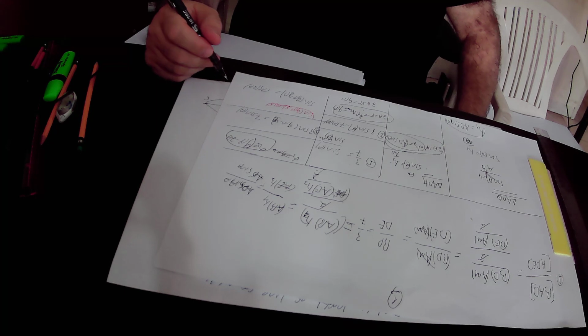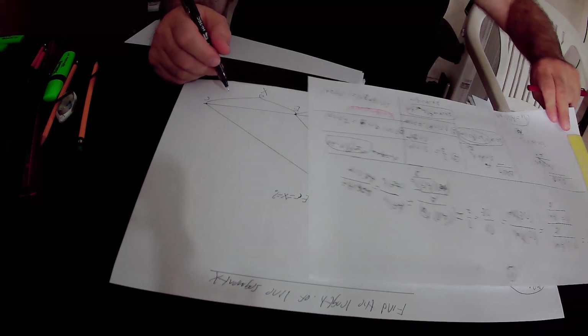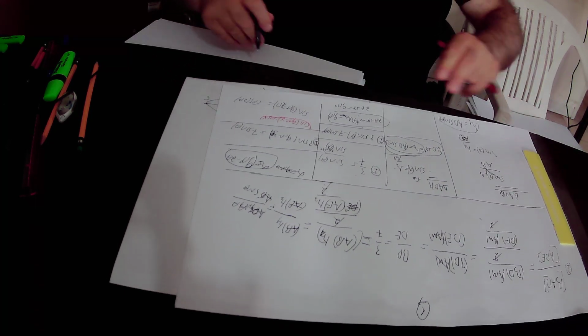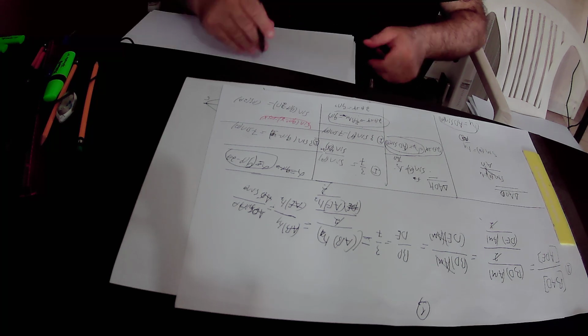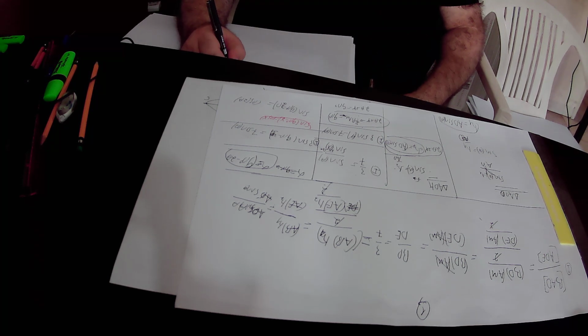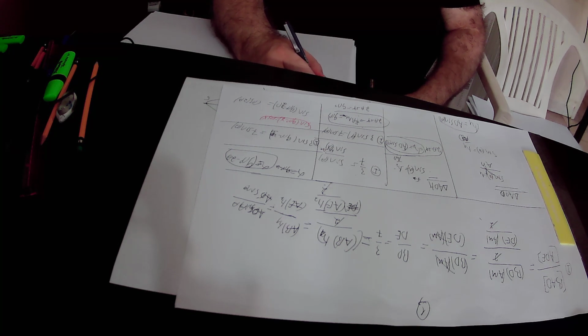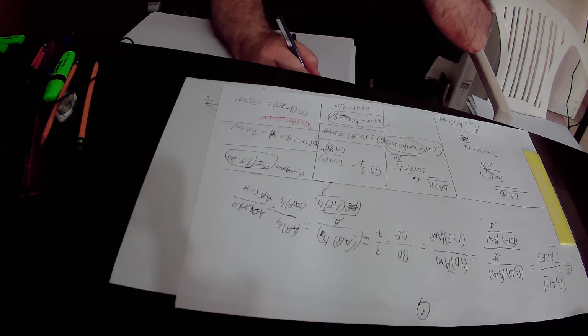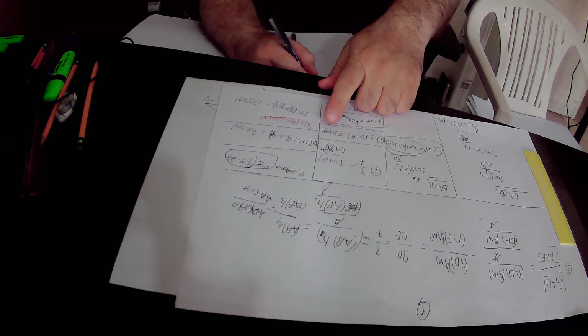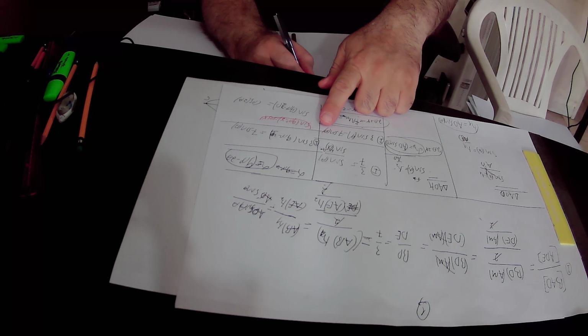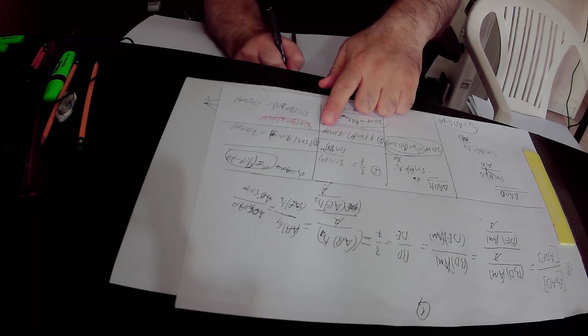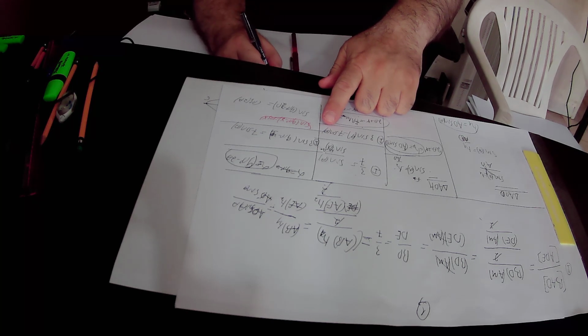We will get 3 times cosine 2 theta equals 7 times sine theta.